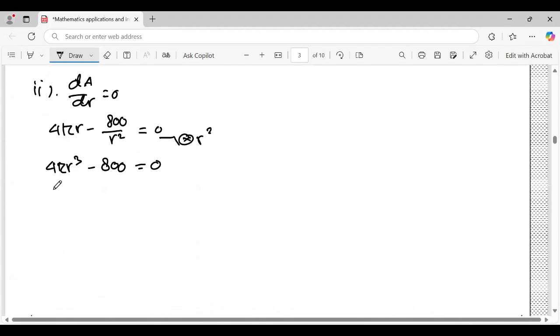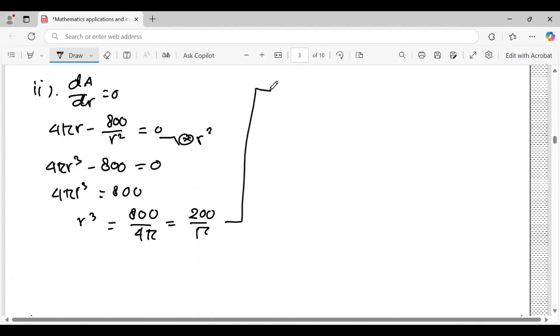It becomes 4 pi r cubed equals 800, so r cubed equals 800 over 4 pi. 800 divided by 4 equals 200, so r cubed equals 200 over pi, and r equals the cube root of 200 over pi.